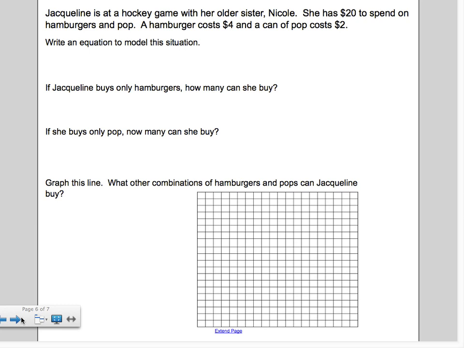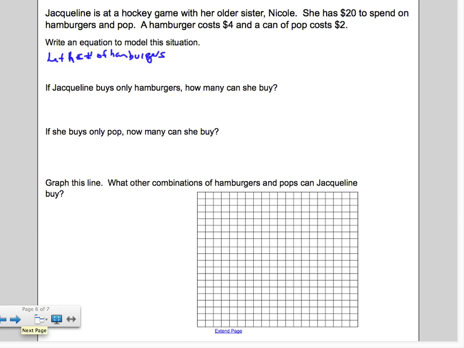Well, the first thing we want to do is just think of some variables. Pop could be P. So give me a variable for hamburgers. H. So let H equal number of hamburgers. Now how about for pop?